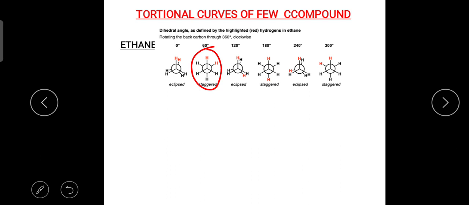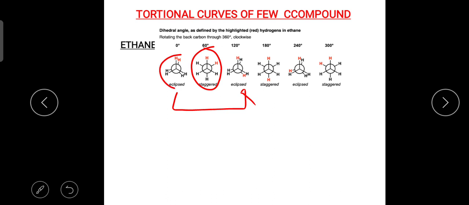So we can say the eclipsed form of ethane can be converted into staggered by a rotation of 60 degrees about the carbon-carbon single bond. Thus, a total rotation of 120 degrees about the carbon-carbon single bond will give the same conformation in ethane.